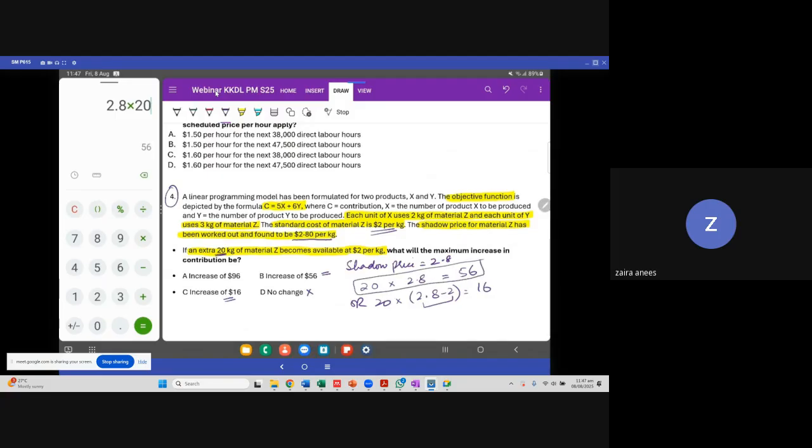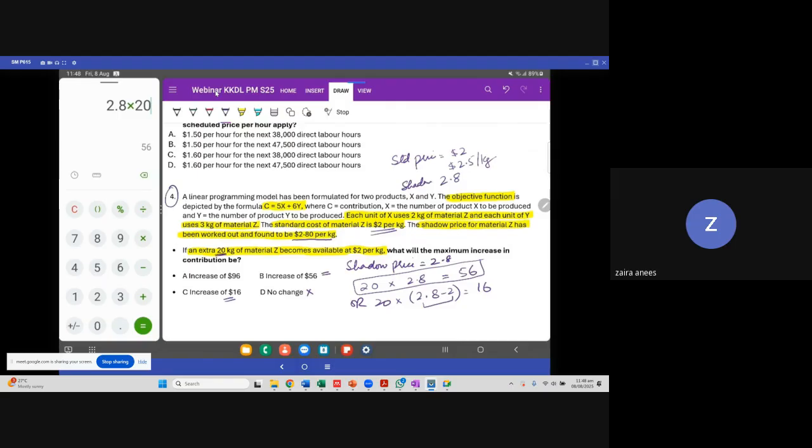Because we are not paying any extra amount for material Z in this case. If the question says that, hey, look, standard price of material Z is $2, but the supplier agreed to charge $2.5 per kilogram because the material is in short supply, and the shadow price is 2.8, right?